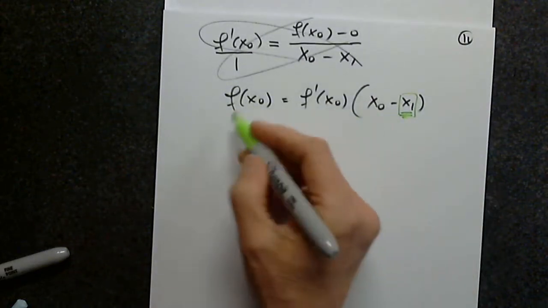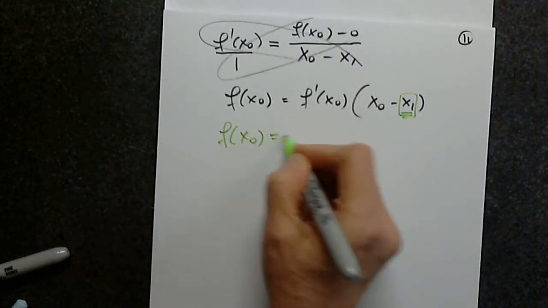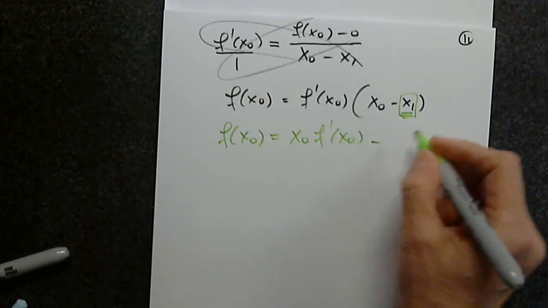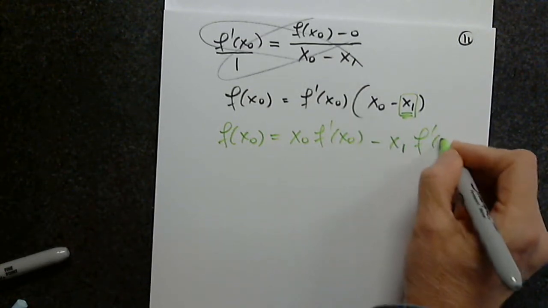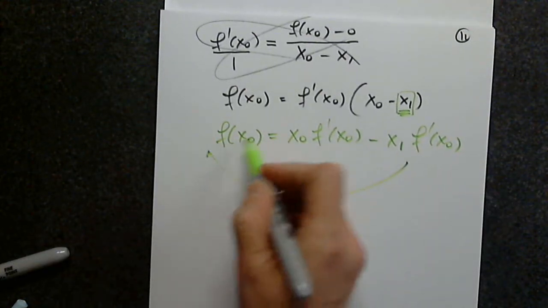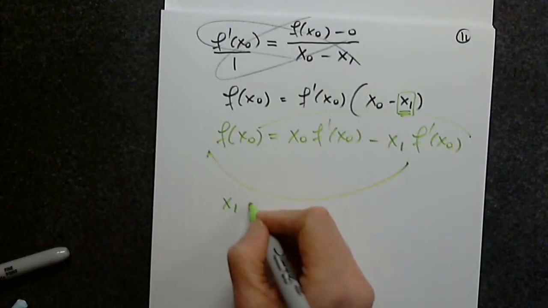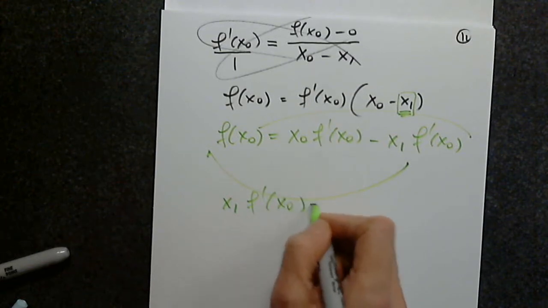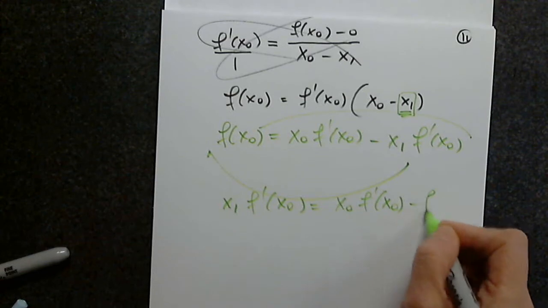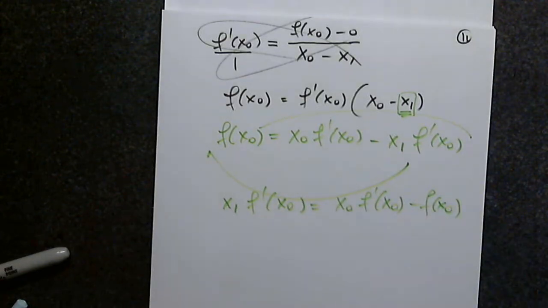So I'll distribute. So f of x0 equals x0 times f prime of x0 minus x1 times f prime of x0. I prefer to move this here and this here. So x1 f prime of x0 equals x0 f prime of x0 minus f of x0.